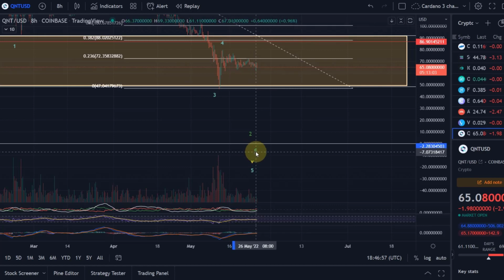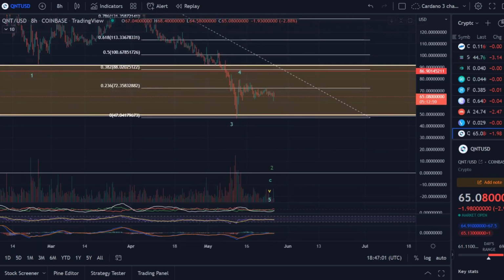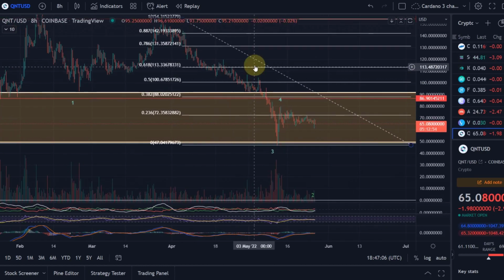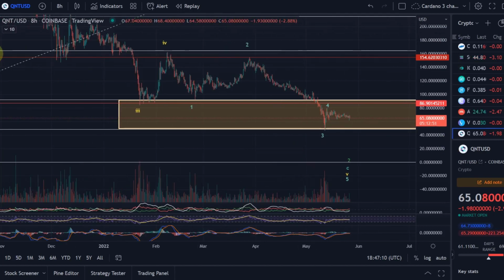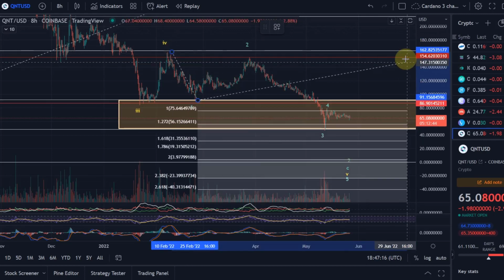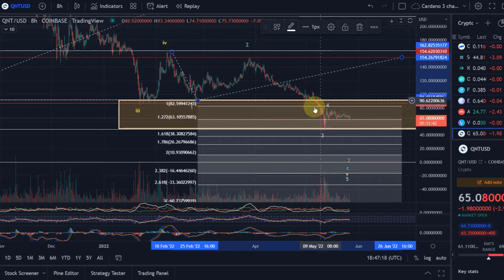What would now be an ideal target for that last wave 5 down? For that, again, we can use the Fibonacci extensions. Let's just do that, of the wave 1 to the wave 2.